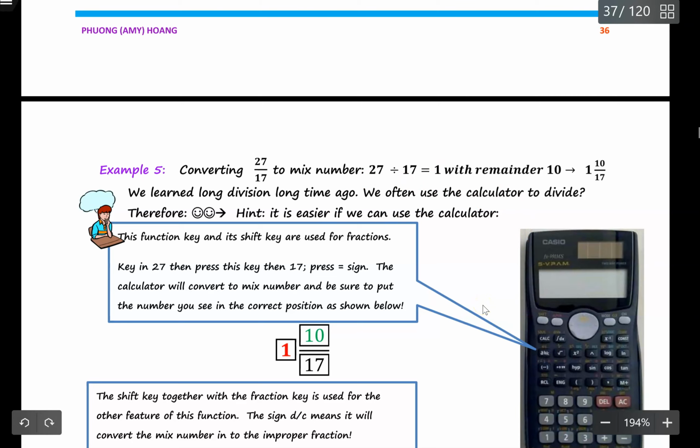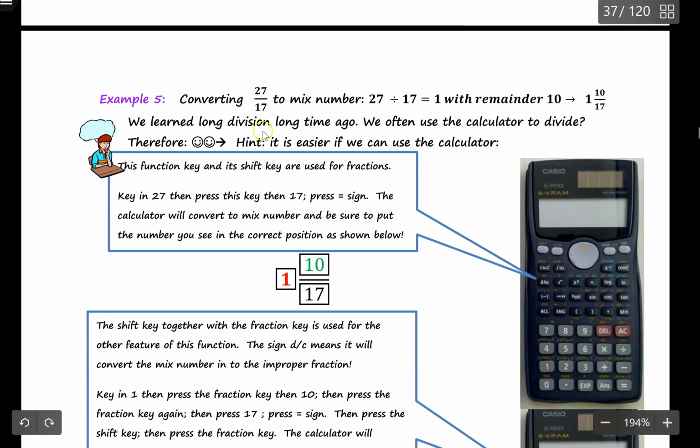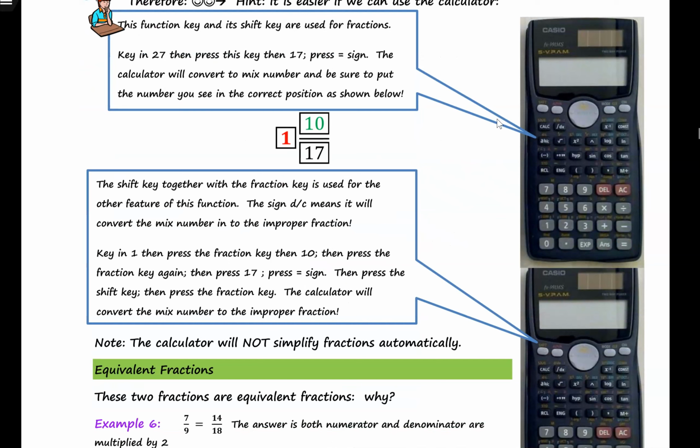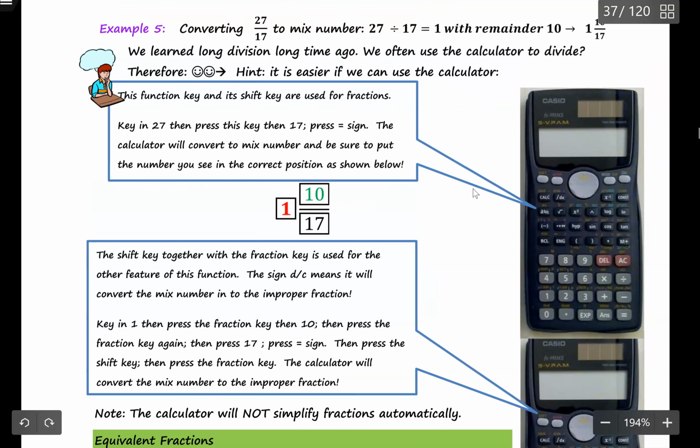Okay, so now long division, right? Long division applies to this if you need to do it by hand. However, I don't recommend that, and I will switch right into the calculator. So with a calculator, how are we going to convert certain values to a mixed number, and from a mixed number back to an improper fraction? Take 27 over 17.